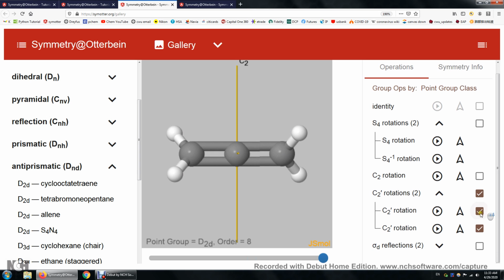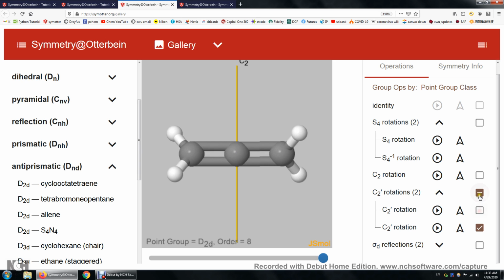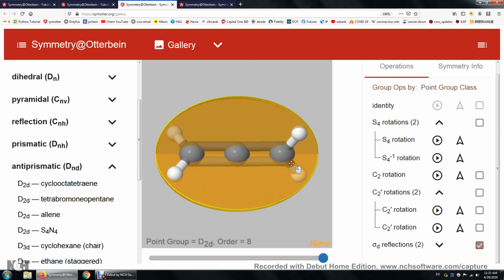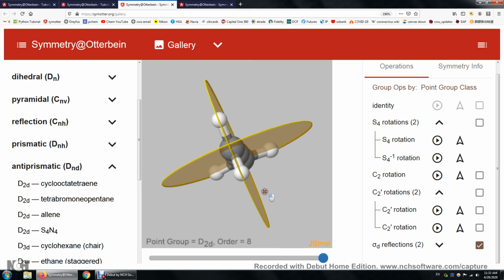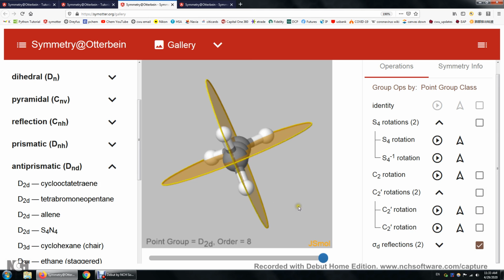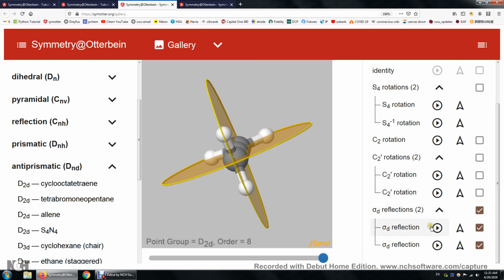All right, and sigma D's. These two sigma D's contain the principal C2 axis. Let's do one reflection. So this hydrogen goes here, this hydrogen goes here.